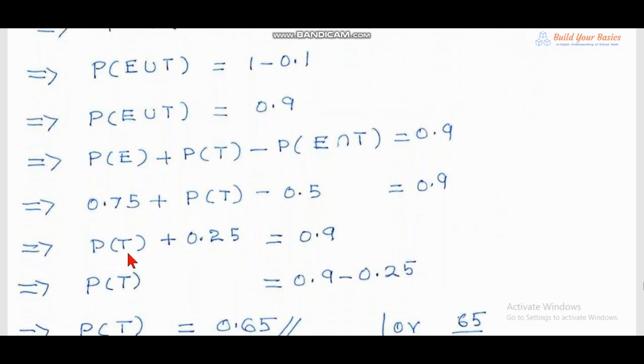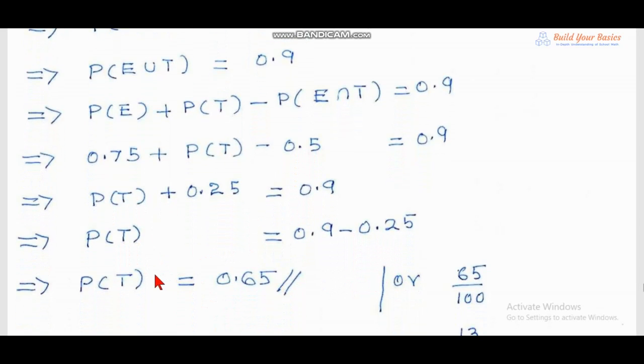That is probability of T plus 0.25 equals 0.9. So probability of T equals 0.9 minus 0.25, that is 0.65.